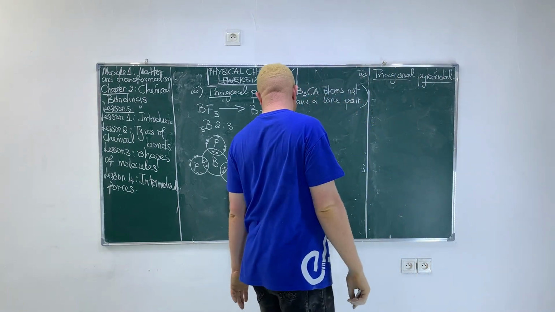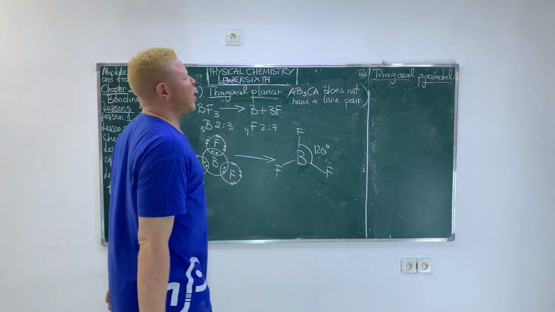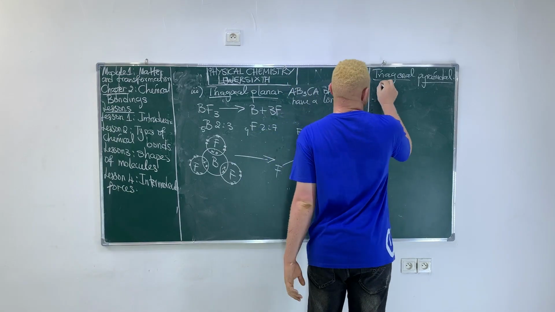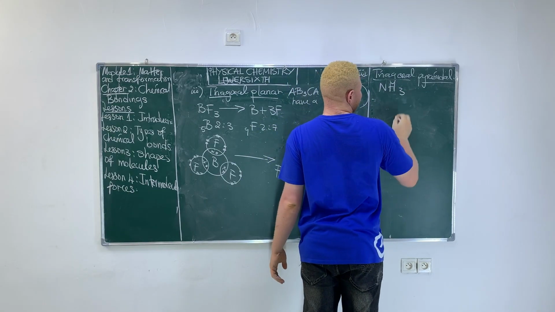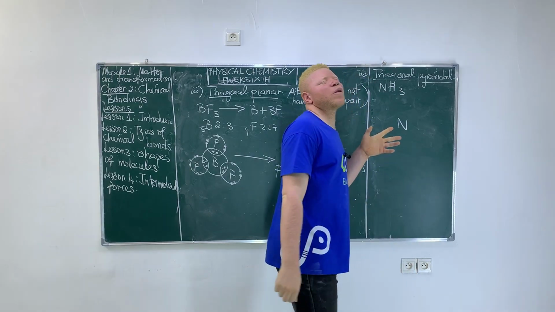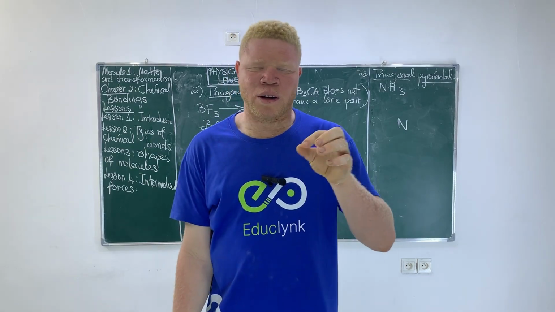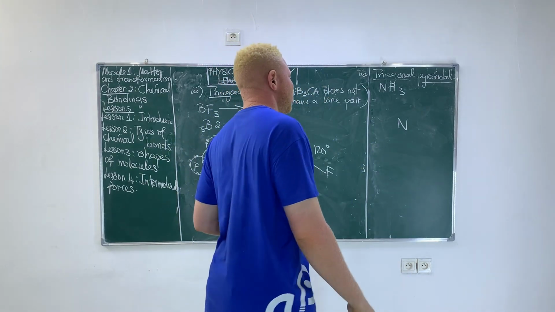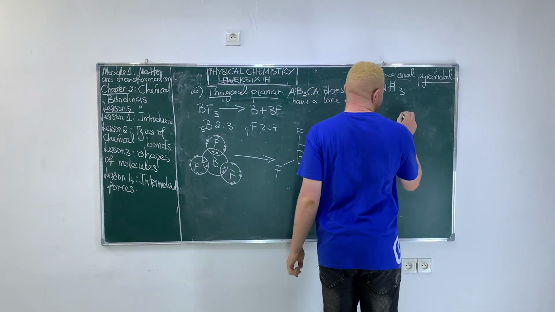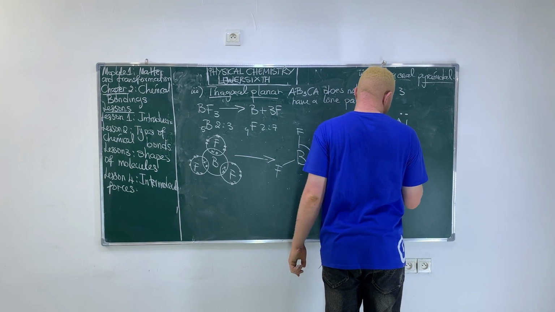In the trigonal pyramidal, let's take the case of ammonia, which we have been drawing ever since. We saw that ammonia was having a lone pair of electrons from the structure that we drew. There was a lone pair of electrons on the nitrogen atom. So let's put that lone pair of electrons here. H.